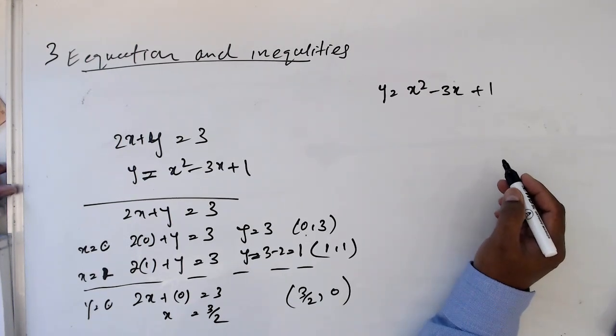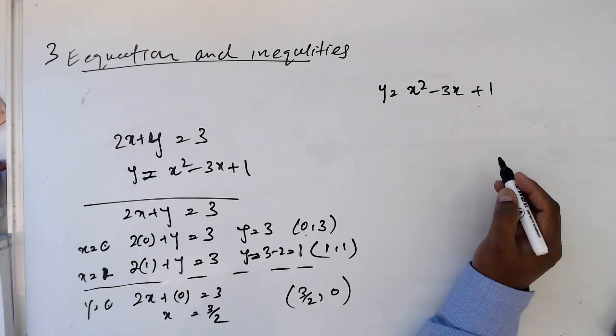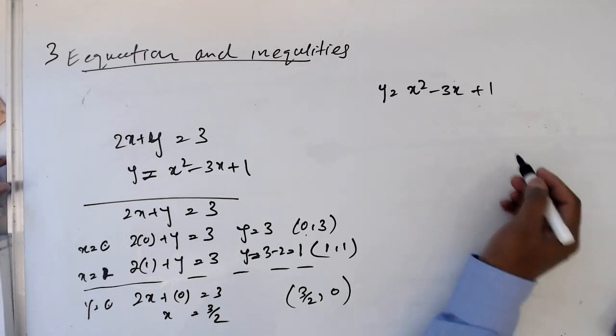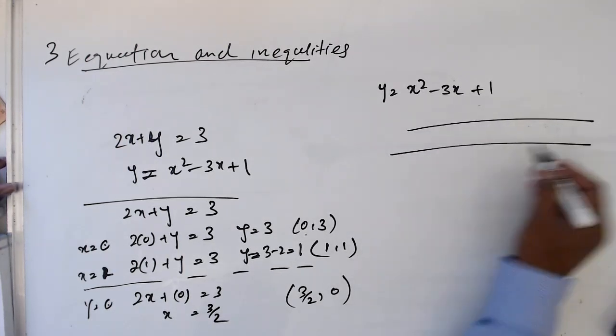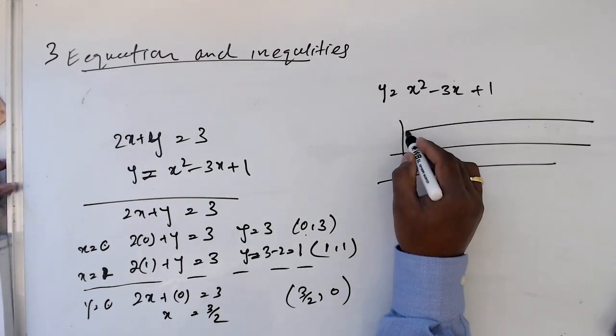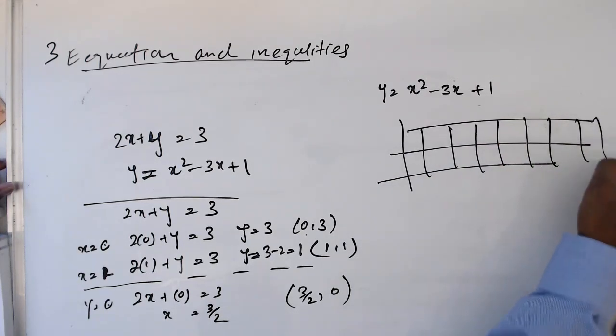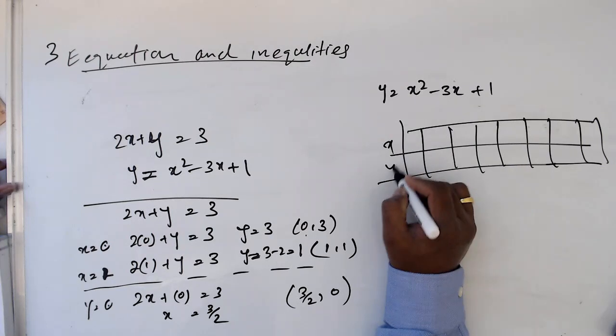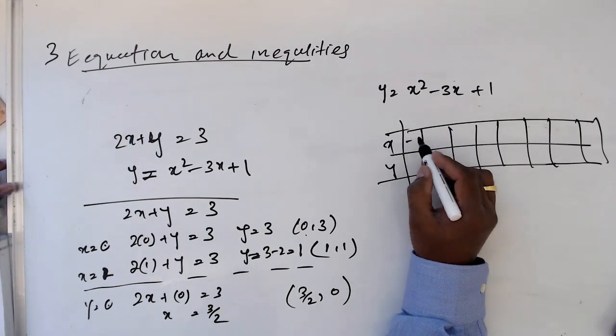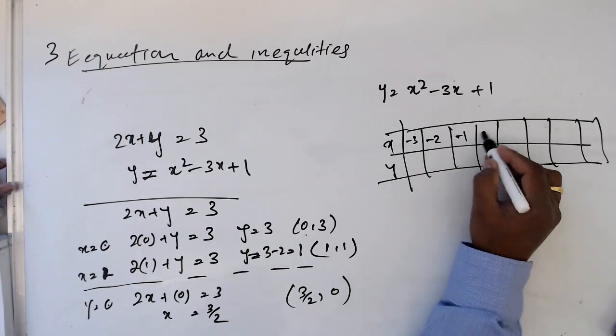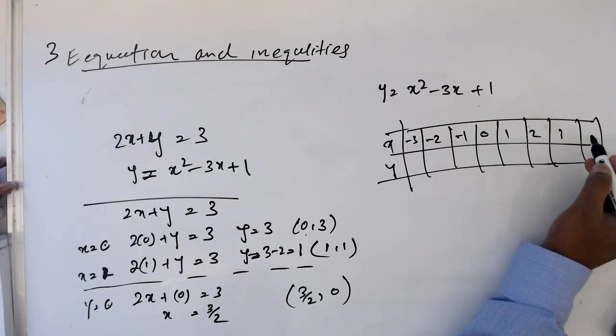How did you do it when you were doing GCSE? Basically we draw a table of values. This is x and y. So minus 3, minus 2, minus 1, 0, 1, 2, 3.